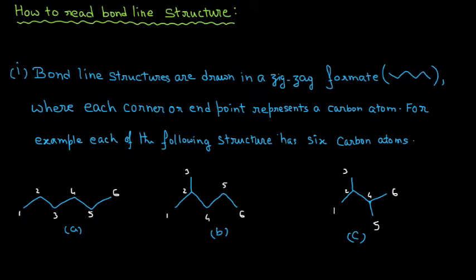Bond line structures are drawn in a zigzag format where each corner or endpoint represents a carbon atom. For example, each of the following structures has 6 carbon atoms. I have numbered it. So each endpoint or each corner has one carbon atom.